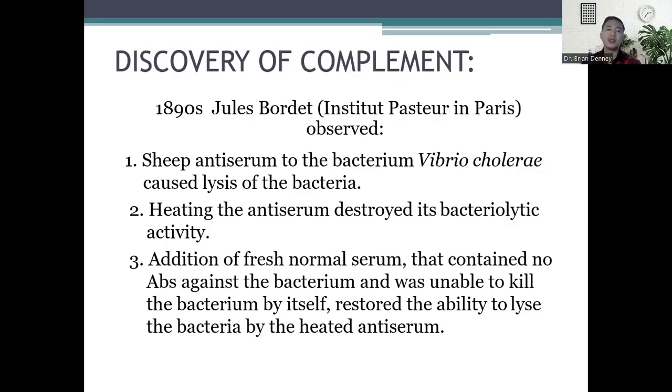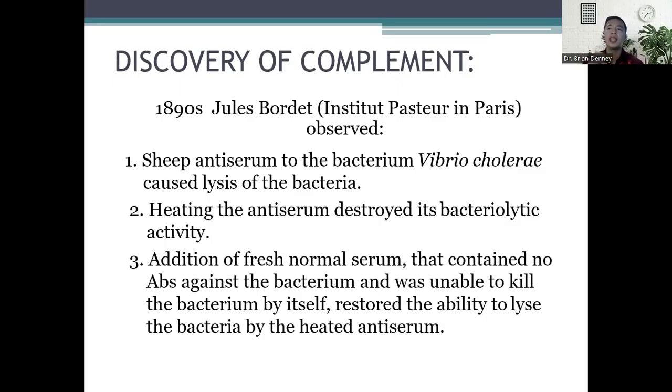Your antibodies, on the other hand, are produced by your immune system, which is specific for that particular antigen. So your antibodies contained in your serum would help neutralize those antigens found on the surface of foreign substances.